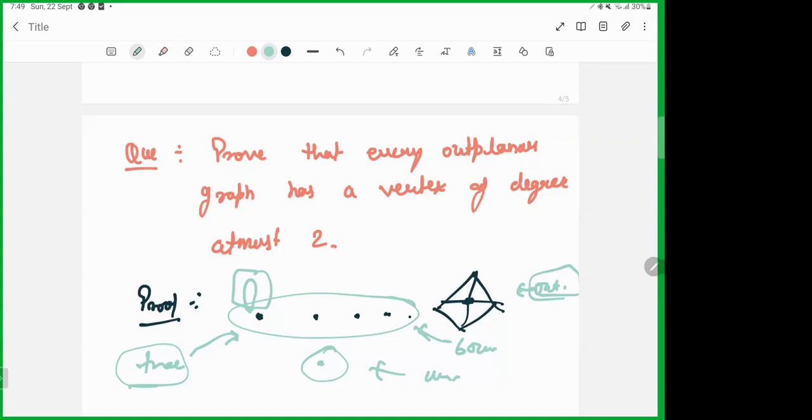That means we can't have the bounded regions all adjacent to each other.